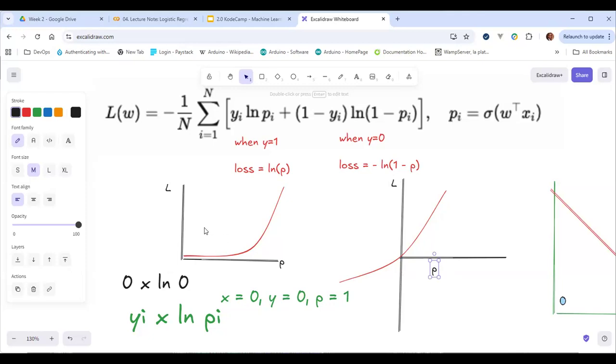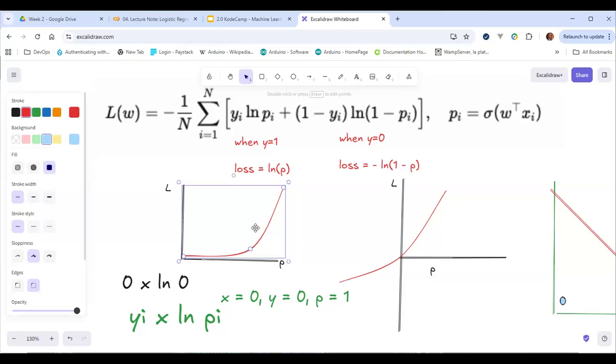Now, this is the equation you use to calculate the loss when the actual value is positive. I did not draw this curve very well. This is actually the exponential curve, which is e raised to power x. The actual ln curve is more like this. So I did not draw this well, so let me draw it properly.